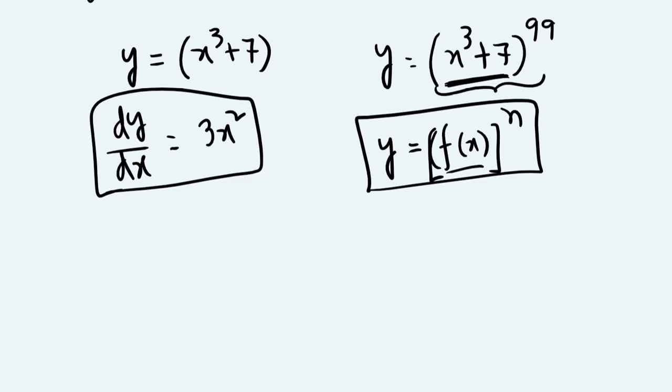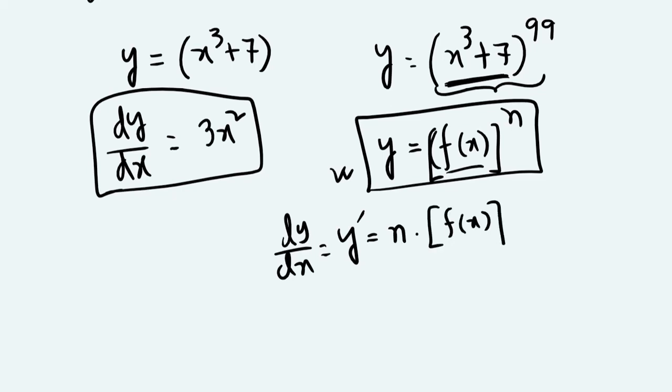All right, so if this is what you are given, then the derivative of this function, dy by dx or y prime, should equal n times f(x) to the power n minus 1.